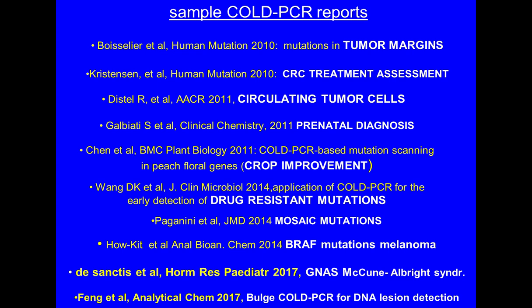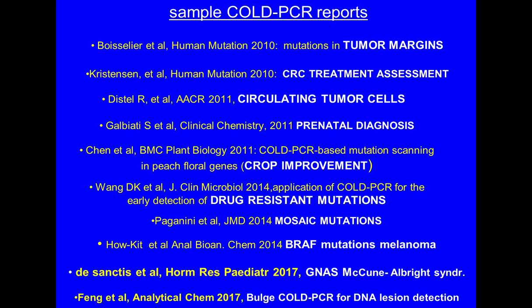So I compiled here a number of reports on COLD-PCR over the last 10 years that have been applied in different fields for detection of mutations in tumor margins, treatment assessment in colorectal cancer, circulating tumor cells, but beyond cancer, prenatal diagnosis, crop improvement, drug-resistant mutations, mosaic mutations, and so on, as well as modifications of COLD-PCR technology to be applied in DNA damage detection as opposed to mutation detection.